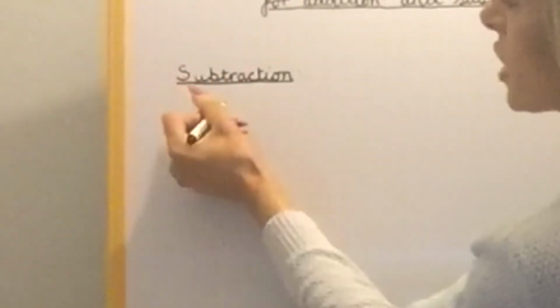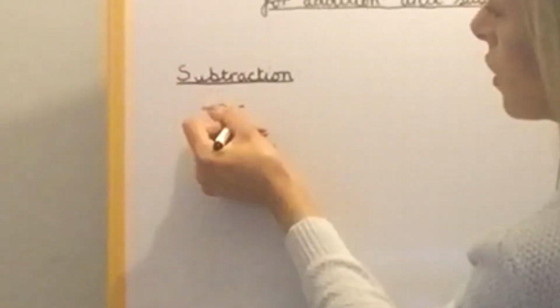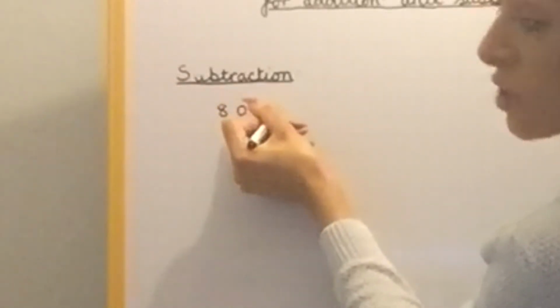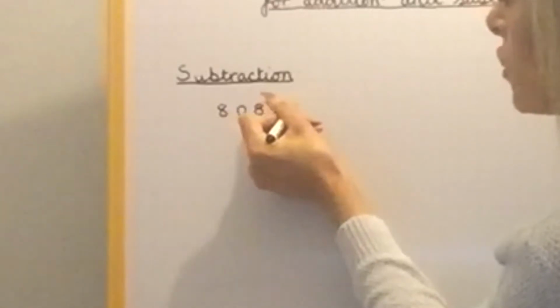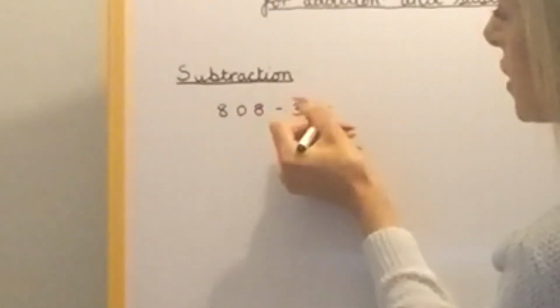So you set out a subtraction question almost exactly the same way as you set out an addition question. But the important thing to remember with subtraction is that you're going to put the greatest number on top. So what if I show you this question? 808 subtract 396.